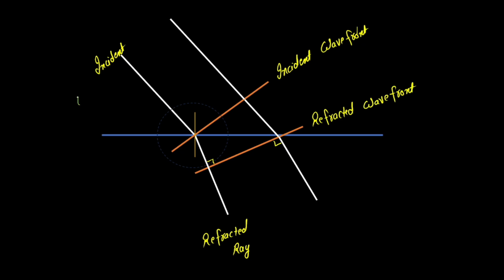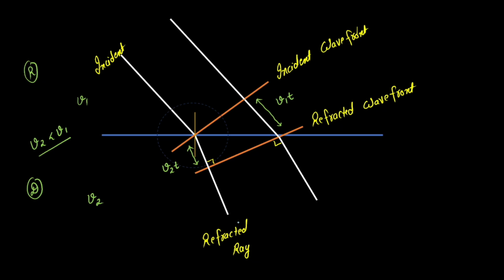As the speed of light in this medium is v1 and in this medium is v2, in time t this distance would be v1 times t, and this distance would be v2 times t. We are considering this to be a rarer medium and this to be a denser medium, so v2 would be lesser than v1. And we can see over here that this distance v2t is lesser than v1t.